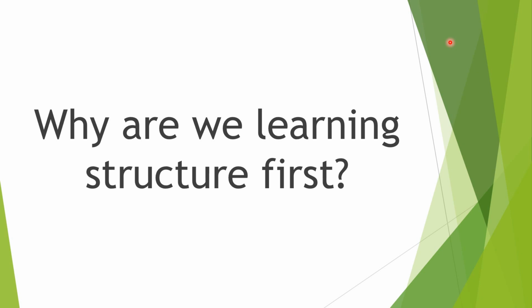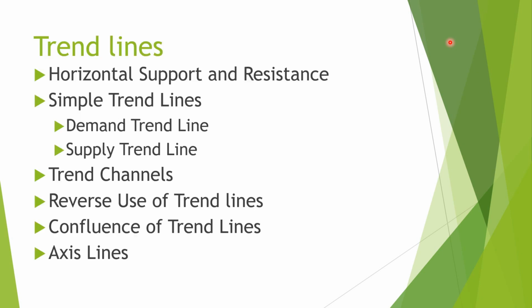Most important of them is market structure. We could have started with understanding of candles and bars, but I found this approach is better. First, we will discuss structure where we have basic context ready and we can have all analysis which will be easier to understand based on structure analysis.